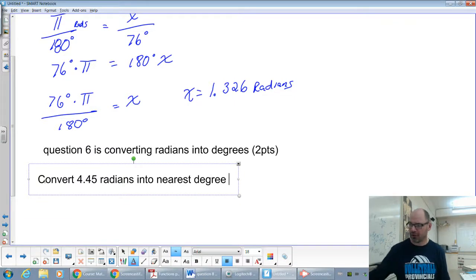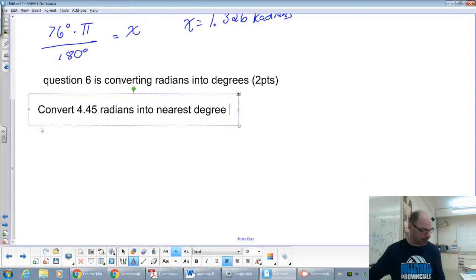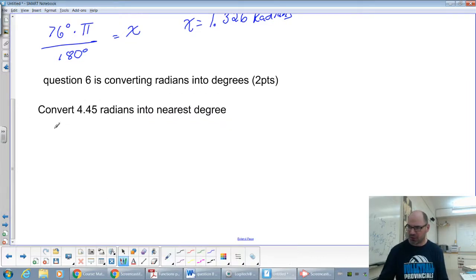Okay, so if we're looking at that one and we're trying to figure that out, we can use the same technique except switch the place where we put the x. So we can say to ourselves, okay, well, that pi radians over 180 degrees. Okay, this time I've got the radians. And I need the degrees.